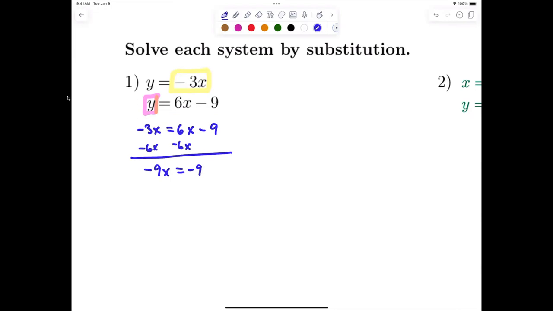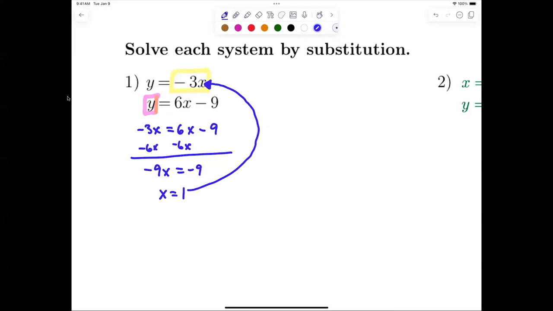And so x equals what? X equals 1. Come on, Leah, what? Yes. X equals 1. Do we agree with that? Now, I have x. Your objective is to find x and y. So now I'm going to substitute in 1 for x.